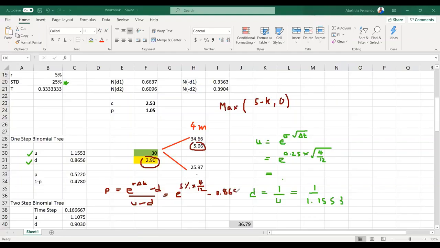So if you are done with this, develop the 2-step as well, right? While I'm doing this. So divided by U minus D.